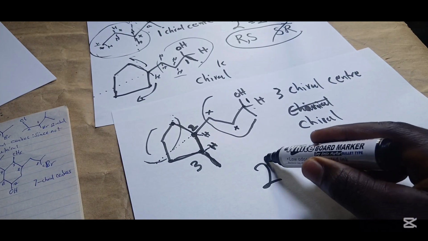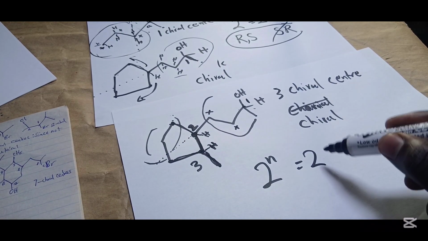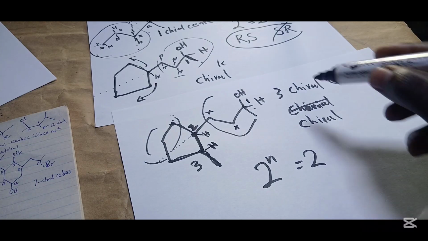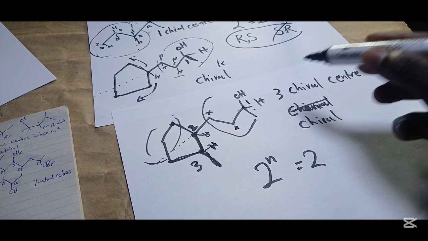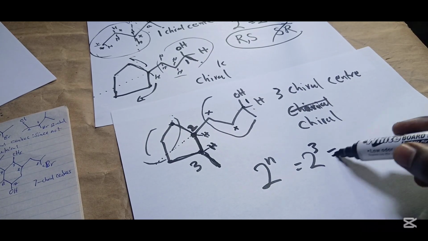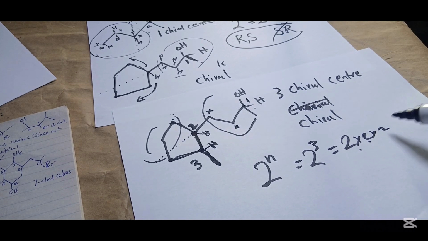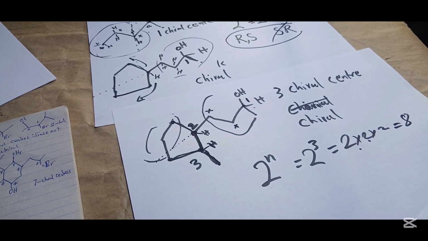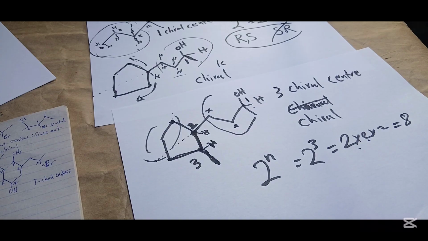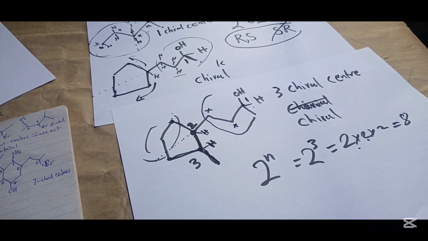It's 2 to the power n, where n is the number of chiral centers. In this case, we have 3 chiral centers, 2 to the power 3, giving us 2 by 2 by 2. So 2 by 2, 4, by 2, 8. So 8 stereoisomers possibly.